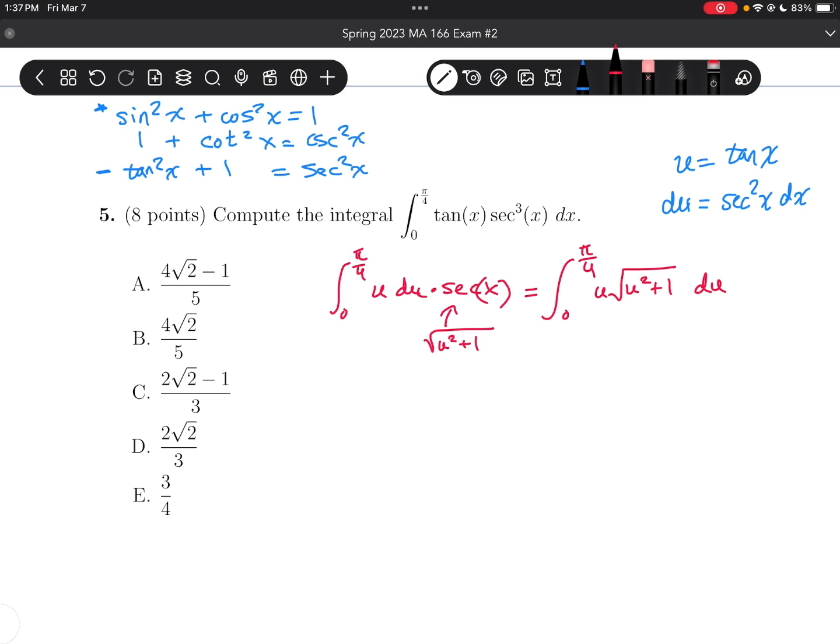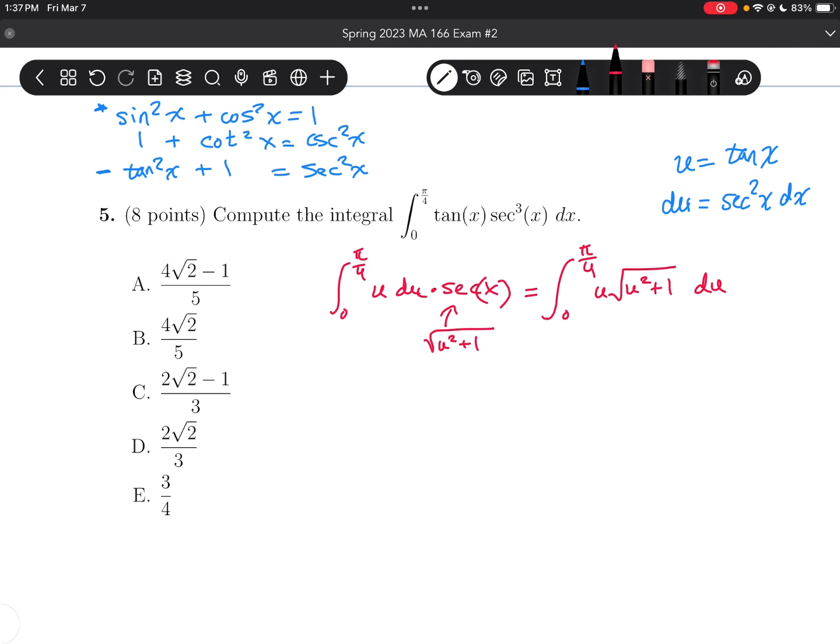Okay, so the problem here is that doing u sub didn't actually simplify anything. This is probably just as difficult to compute as the original integral. And actually, I think we could do another u sub and solve it, but know that this is something that does happen sometimes.